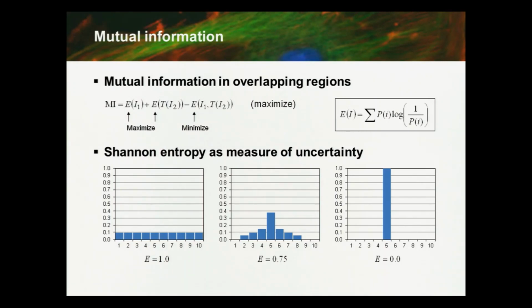Now, again, if we use this entropy in this measure, what does it mean? The entropy computed for the individual images, for the overlapping regions, needs to be maximized. So we need to go from a situation like this towards that direction, right? Maximize the entropy. And that makes sense because this is simply an image or a region in the image with a constant value. This is completely useless for registration.